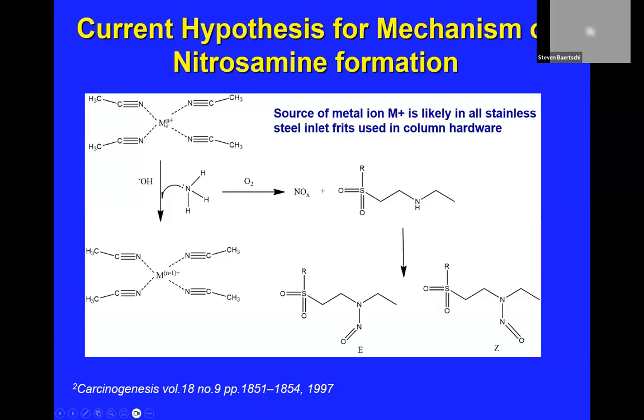And as the compound would pass through the head of the column, it would be retained a little bit and would be exposed to that front of the column, where you have these trace level metals deposited, which apparently oxidize the ammonium, or the ammonia, to an NOx compound, which then nitrosated the compound.